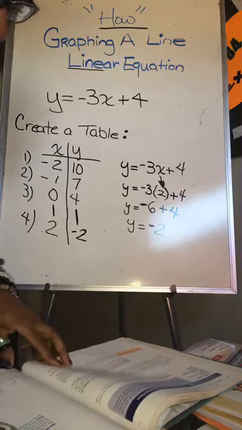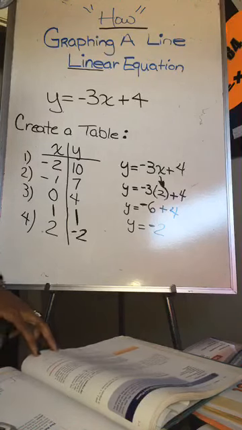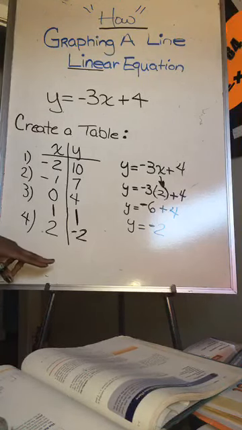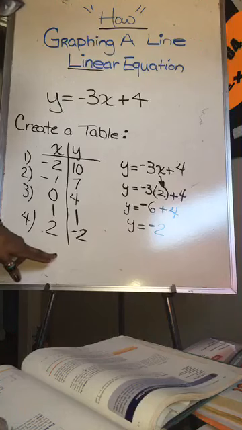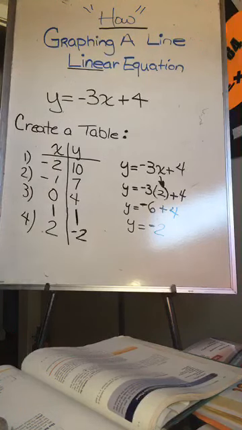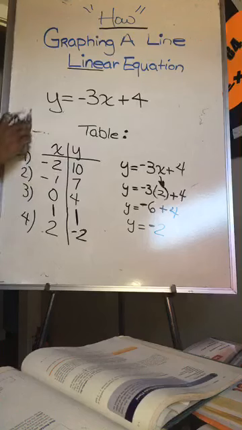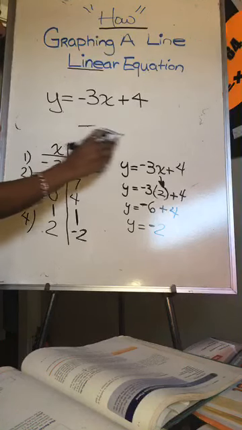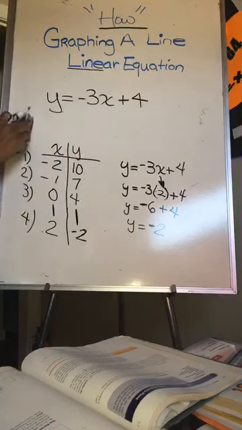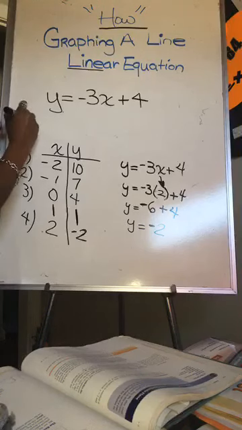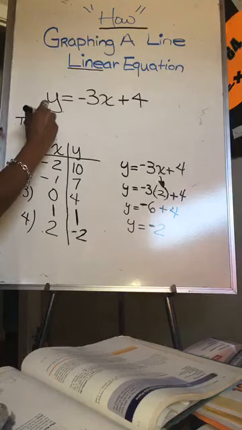All right, so now we have created, so I'm going to erase this because we had to create a table. This is the table of our ordered pairs.